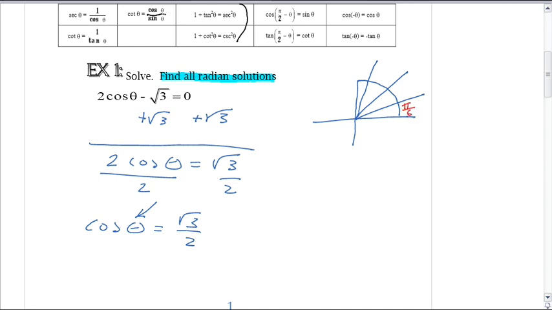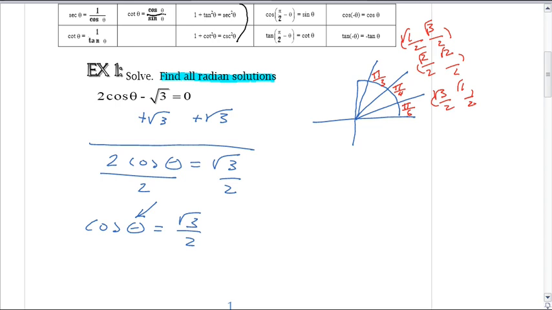So pi over 6, pi over 4, pi over 3. And I'm just going to do my little ordered pair trick here to save some time. I'm going to count 1, 2, 3 down, 1, 2, 3 up, stick it all over 2, and then I can take the square roots at the top.